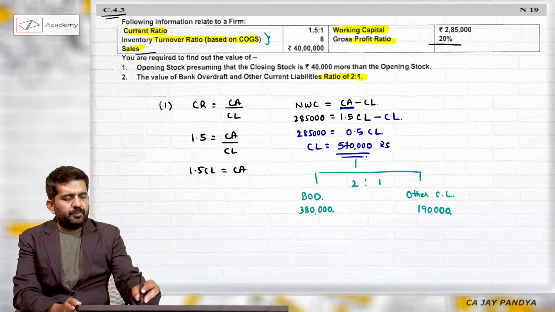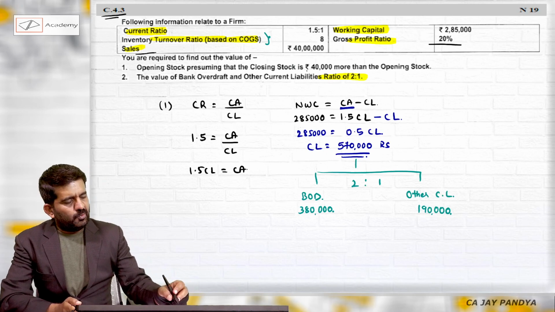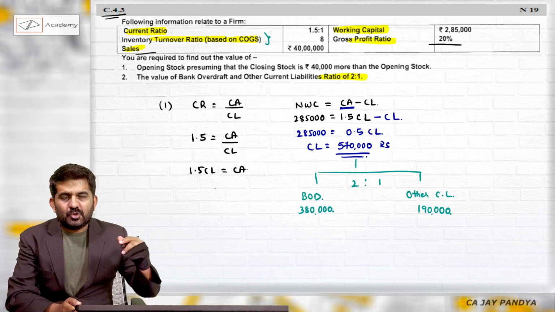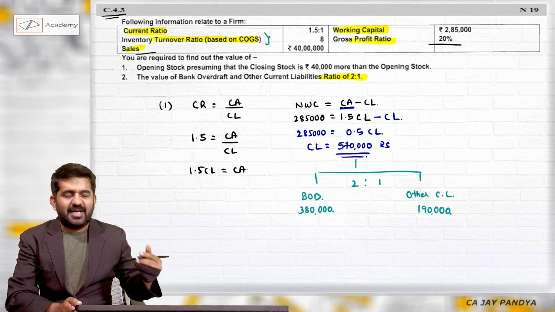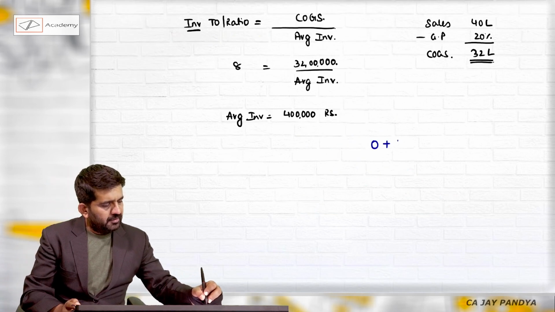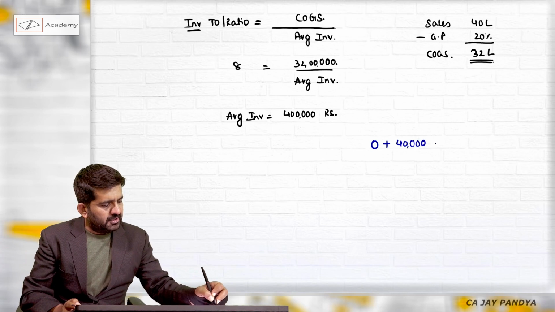We need to find out opening stock, presuming that the closing stock is 40,000 more than opening stock. So closing stock is higher. Opening plus 40,000 is equal to closing.